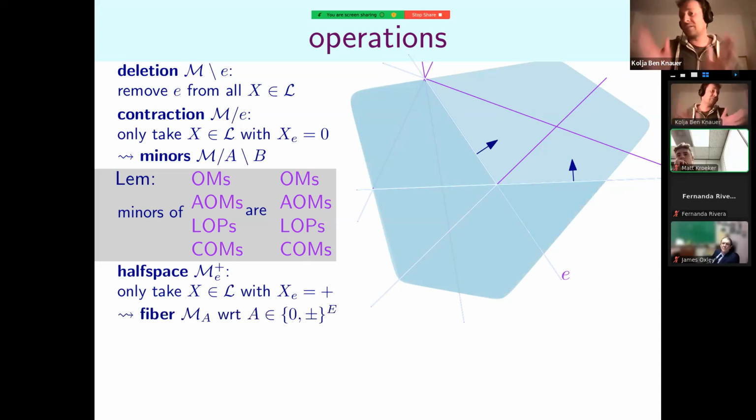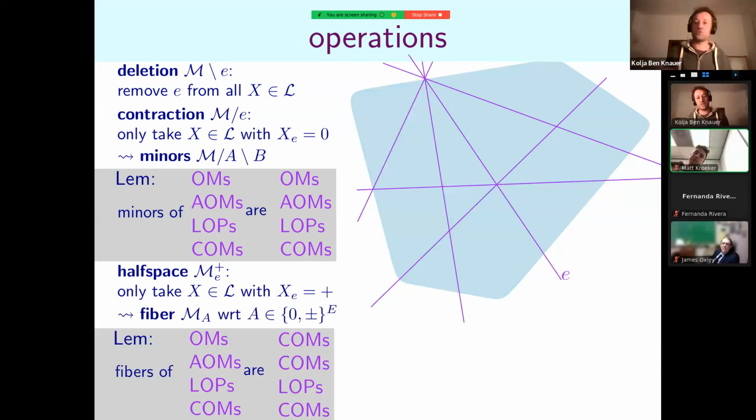You can iterate it, and it will still be a complex of oriented matroids, and this is what's called a fiber. What you can show is that fibers of oriented matroids, affine oriented matroids, and complexes of oriented matroids will be complexes of oriented matroids. And lopsided sets, a special case of COMs, will again give lopsided sets.